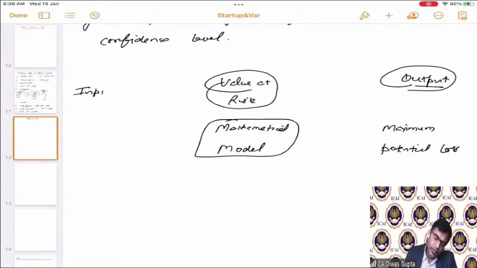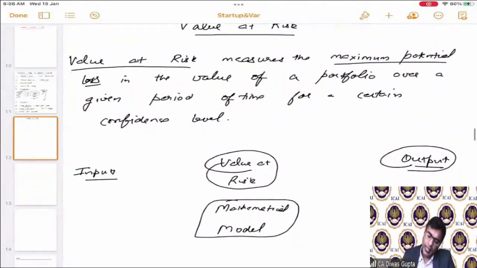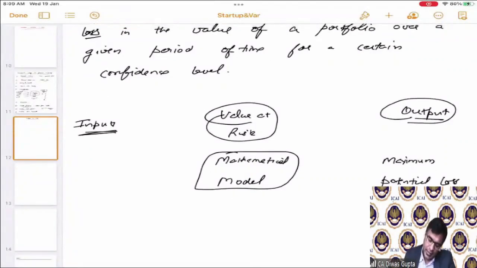And what all inputs will it ask you? It will ask you the inputs in order to say this is the maximum potential loss I'm going to have. What are the inputs that it is going to ask you? One is A, the level of confidence. I will explain these things.